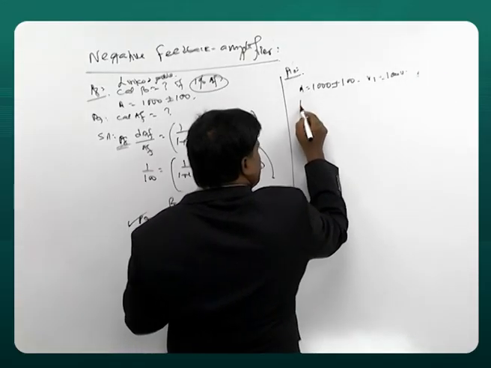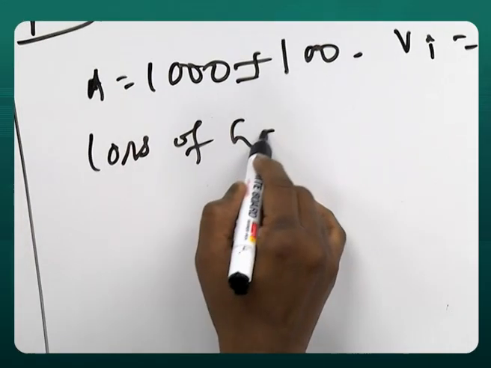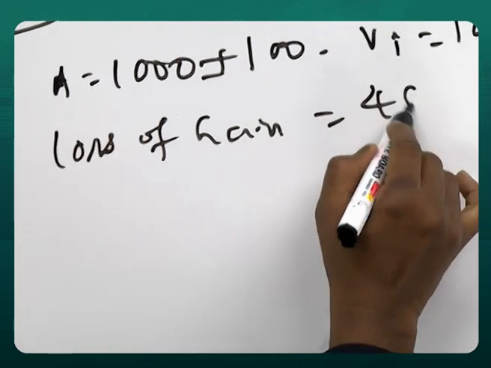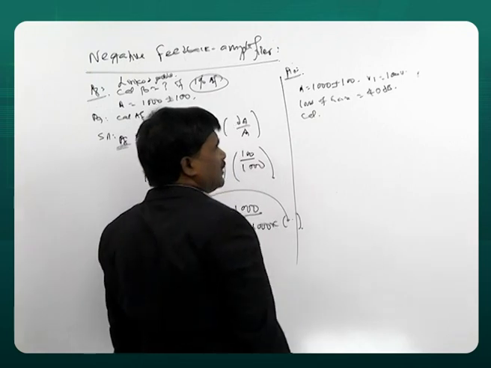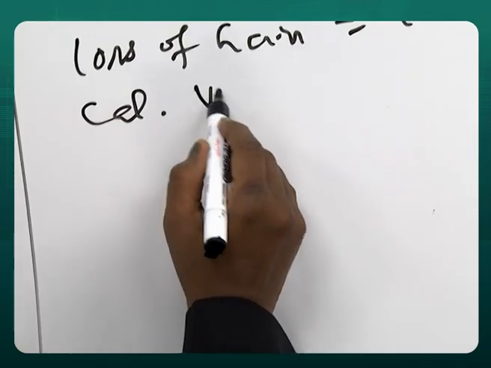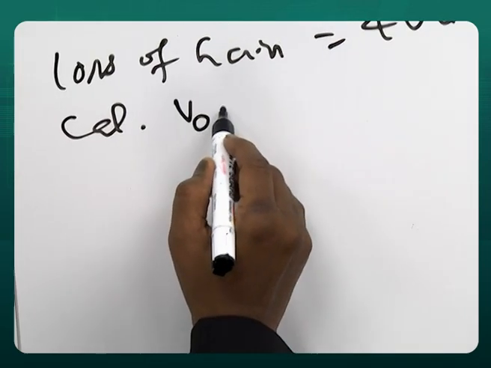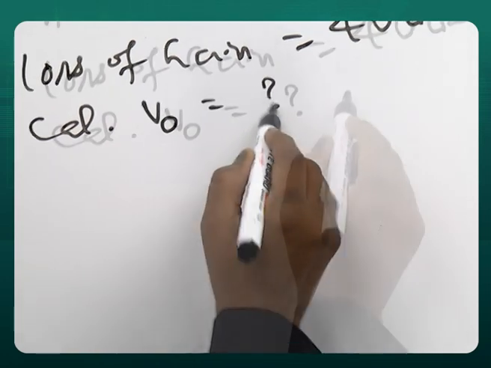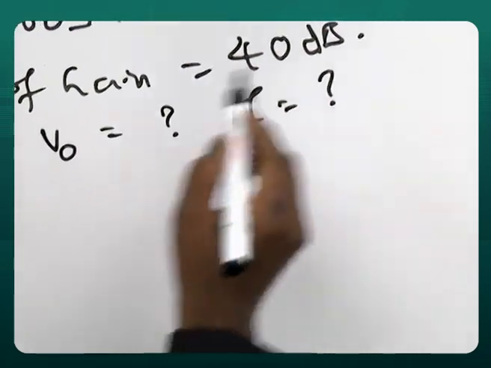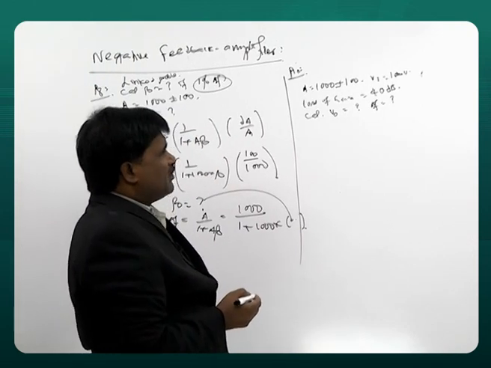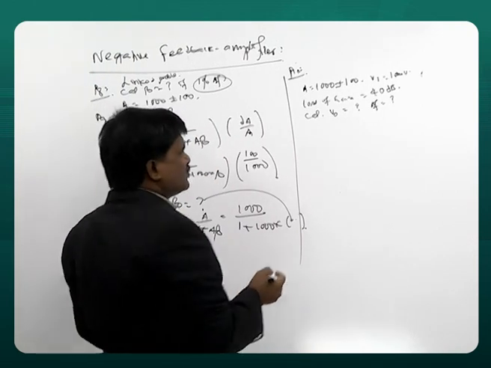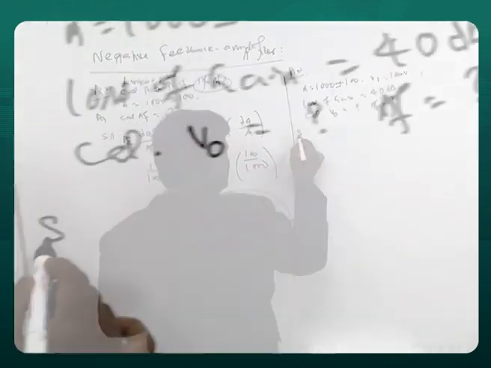Loss of gain is 40 dB. Calculate V0. Then AF. What's the meaning of this? Look at this.